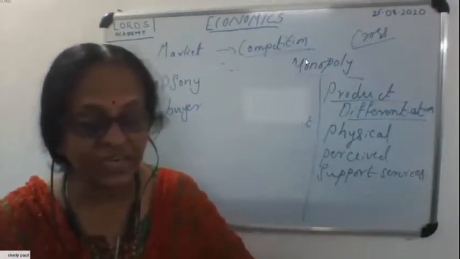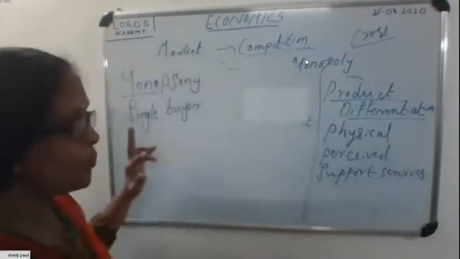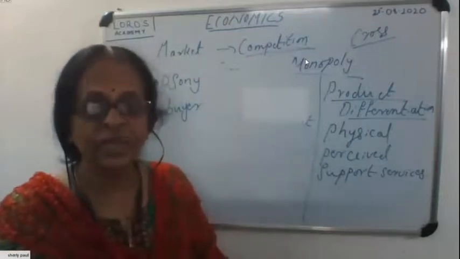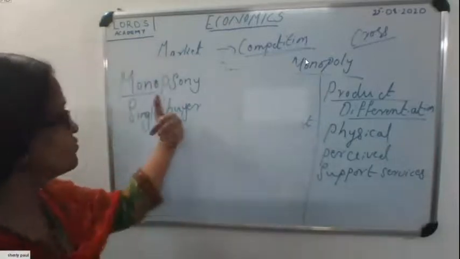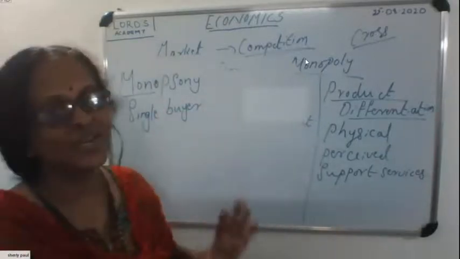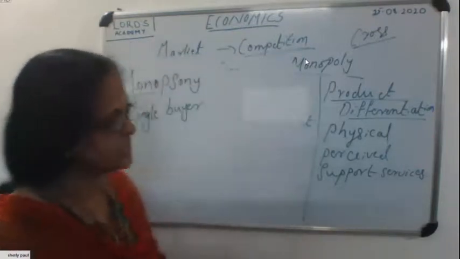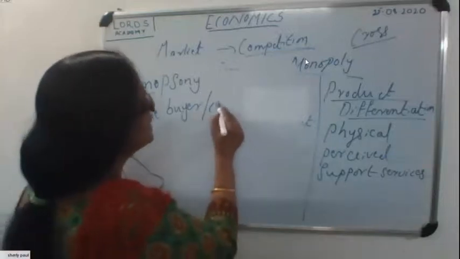We studied electricity in both. In monopoly we gave the example of electricity because they are the only single seller, and in monopsony it comes as a single buyer. Then what are the features? The main feature is the same: a single buyer, also known as the consumer.